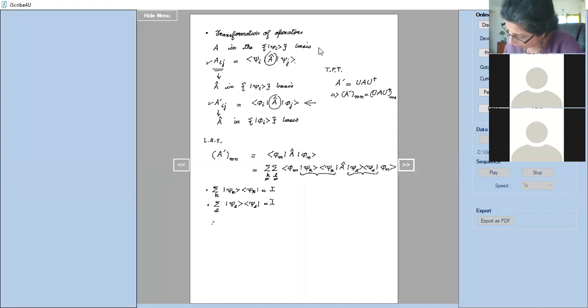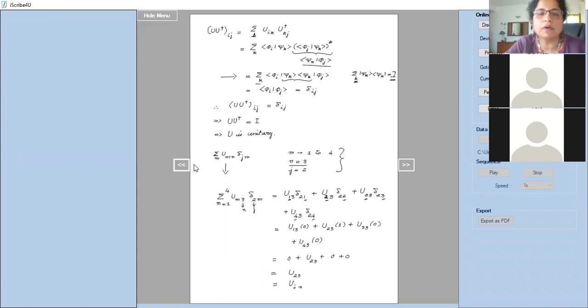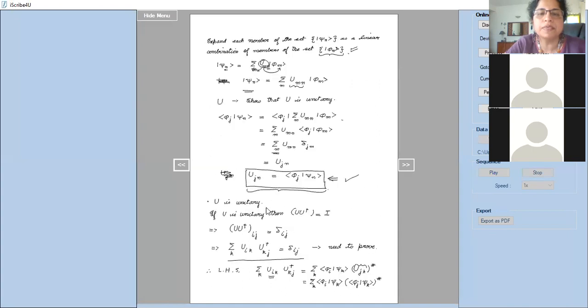Now, therefore, your A prime Mn is going to be equal to, let us write again, summation over K, summation over L. What is phi m psi k? Phi m psi k is nothing but U m k. I'll just go back. We have defined it here. Okay, you see this definition?